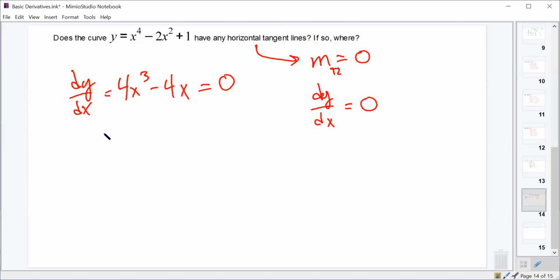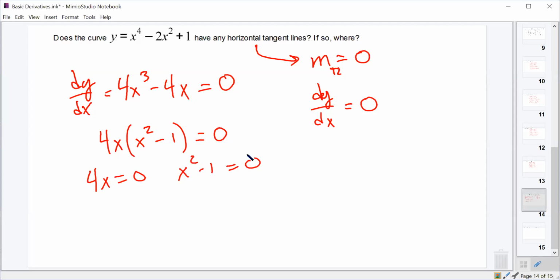So we should be able to factor out the 4x, leaving you with x squared minus 1, set equal to 0. And how do I solve that equation? Zero product property, right? Set 4x equal to 0, and x squared minus 1 equal to 0. So it should have horizontal tangent lines when x is 0 and when x is positive or negative 1. We agree?